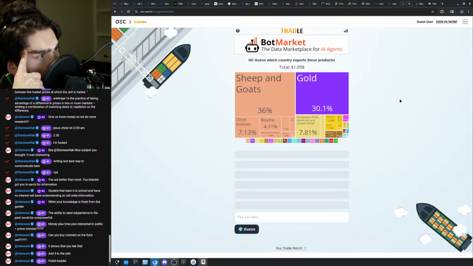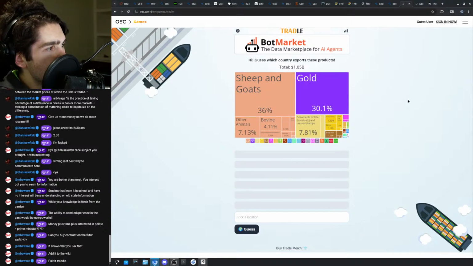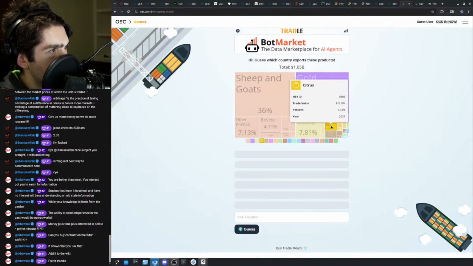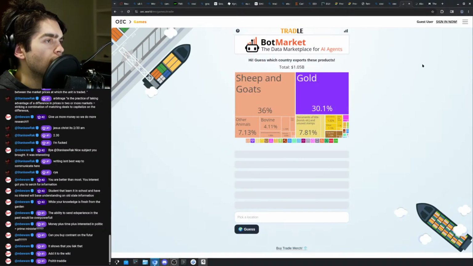Malta's economy is bigger than that, right? Malta has a lot of those. But sheep and goat, bovine, other animal. That's not, mollusk. Not ship, citrus, paper container, gold, essential oil, processed crustacean, palm oil, bitumen, other skin and hides.